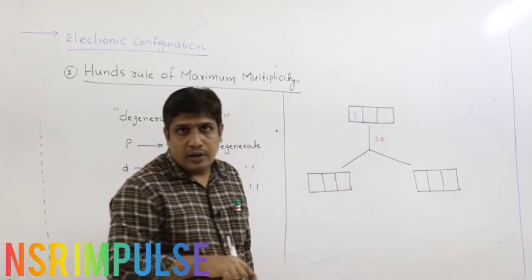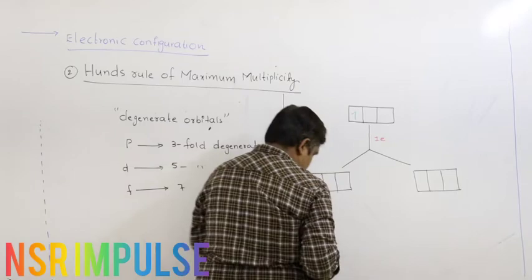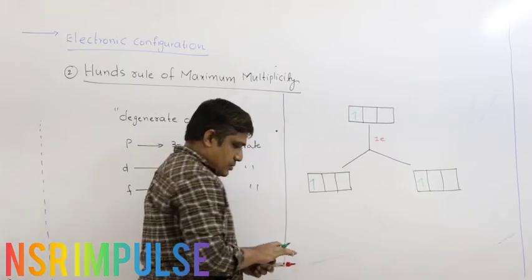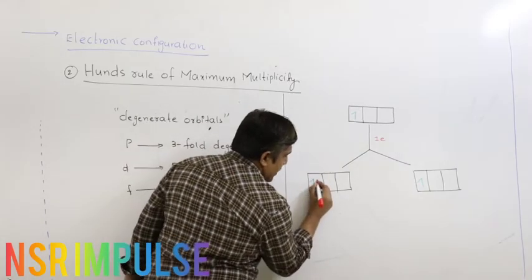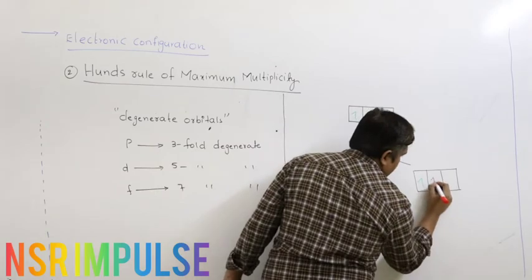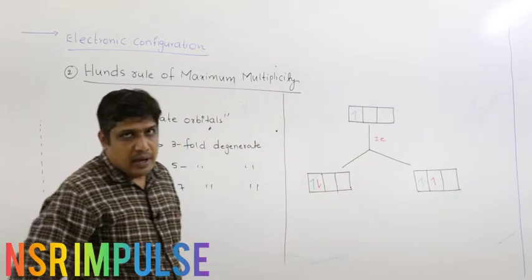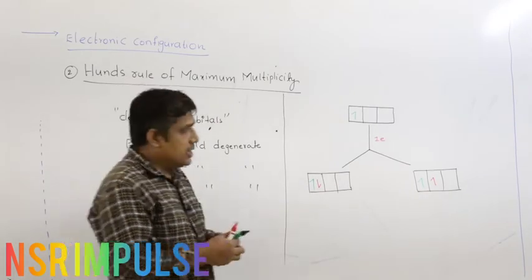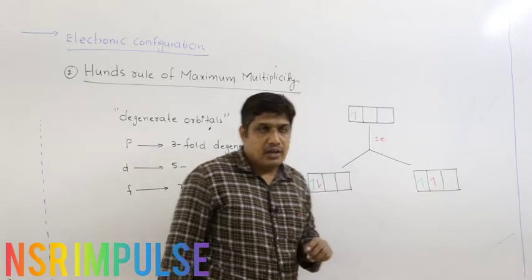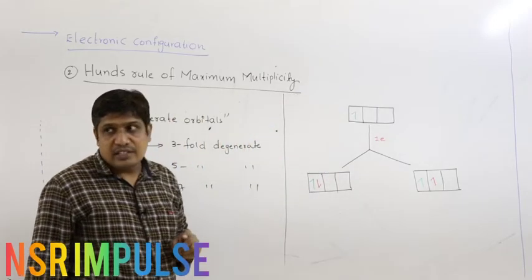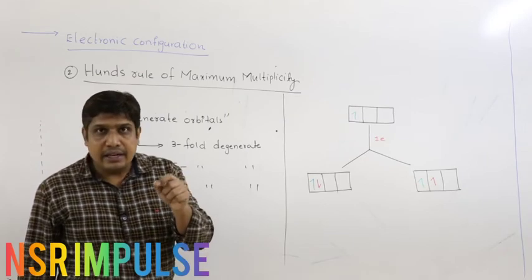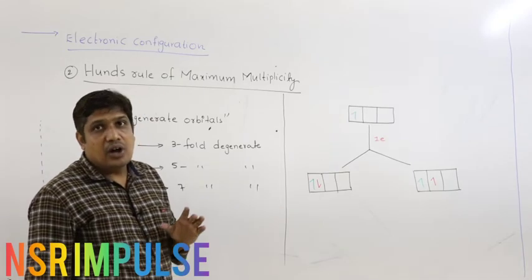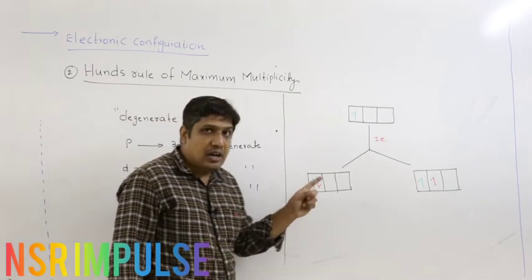The second electron may be paired up like this, or the second electron is placed in another p orbital. Which is correct? Here pairing is taking place, here pairing is not taking place. According to Hund's rule of maximum multiplicity, pairing can take place only after each degenerate orbital is half filled.